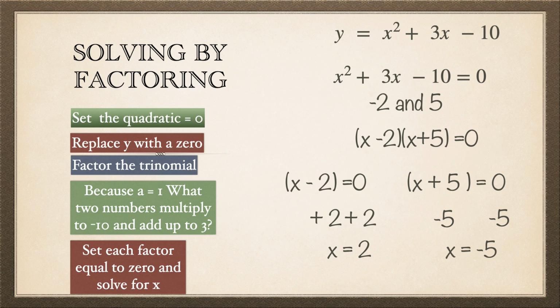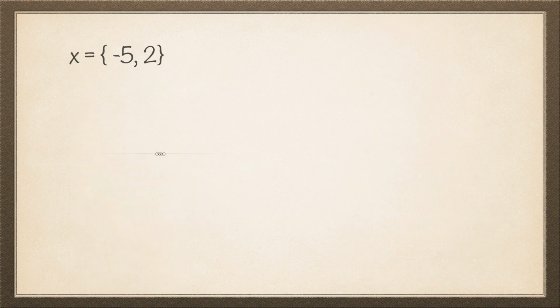Alright, so now I'm going to write them in set brackets. And I'm going to write x equals negative 5, 2. Alright, what does that mean? Well, that means I have found the solution to that quadratic equation.